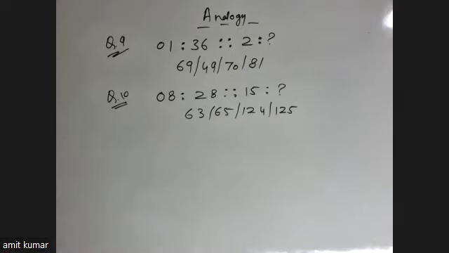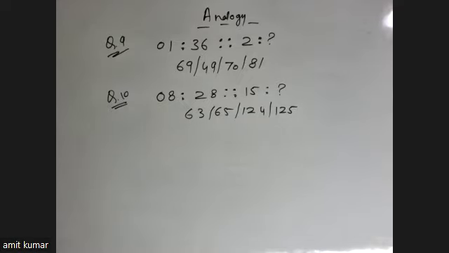Okay, keep trying, beta. We have to look for a reason. How 1 is related to 36. Similarly, 2 will be related to what? Yes, beta, what are you saying, Pari? 49. What's your answer, Pari? 49. Oh, very good. That could be the right answer.